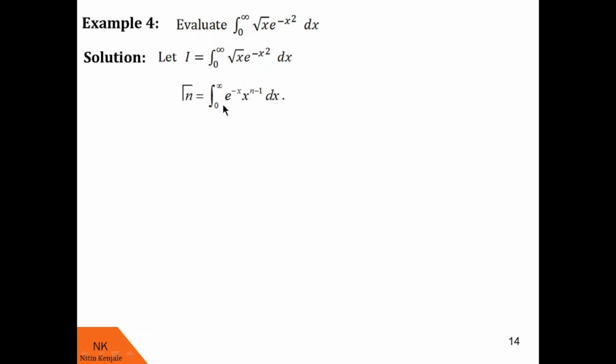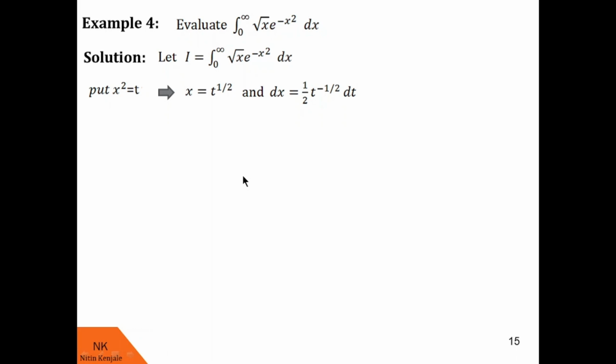So we see in this integral exponential term has power minus x, whereas in this integral exponential term has minus x square power. So we substitute x square is equal to t to reduce this integral into this one. So we put x square is equal to t. So we see x is equal to t raised to half. Therefore, dx is equal to half t raised to minus half dt.